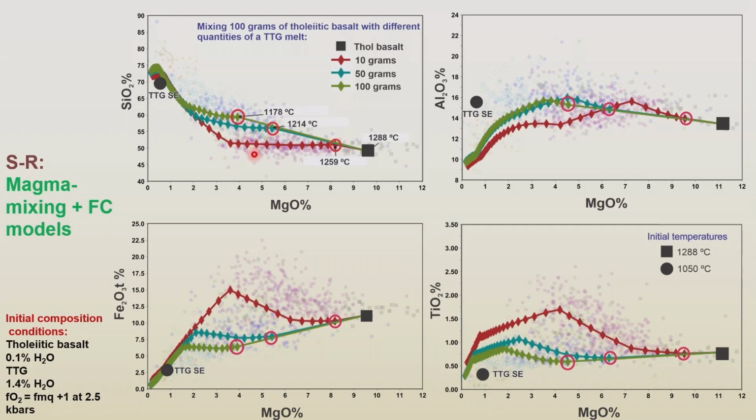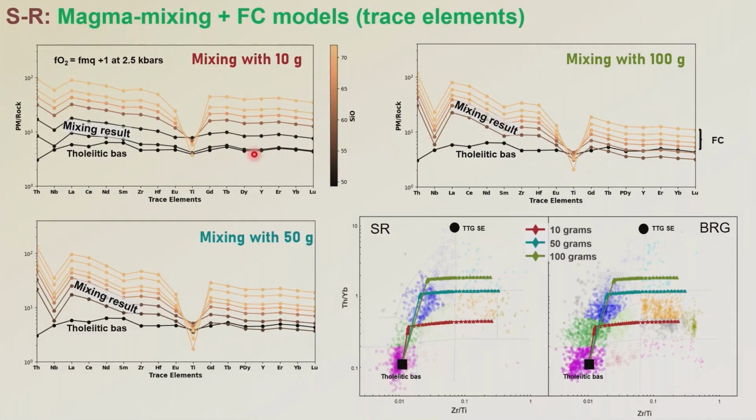So we observe also what happened in this process on the trace elements. So we have the same models that I showed, 1 to 10, 1 to 2, and 1 to 1. On the bottom, we observe the tholeiitic basalt, and the first line just above is the resulting mixing. So you can see how when you have more TTG melt going into the system, you really change that extended trace profile.